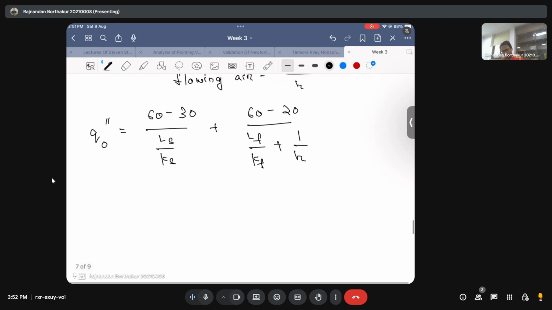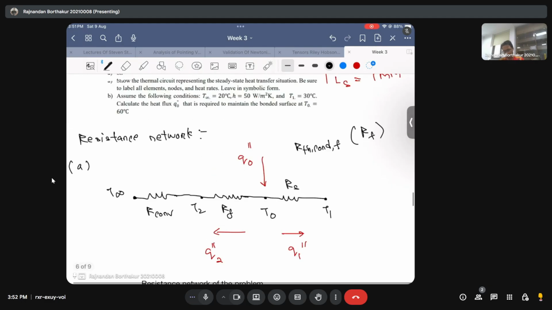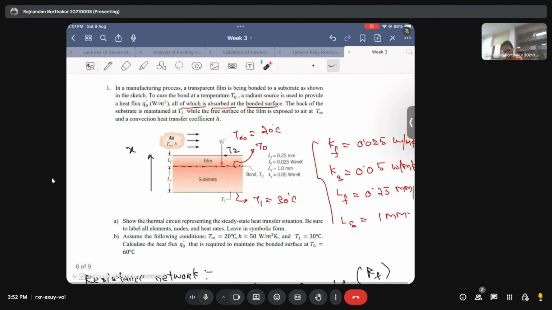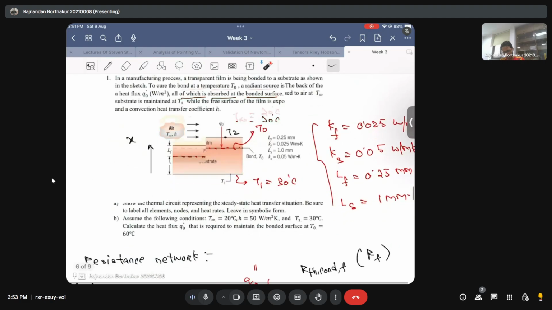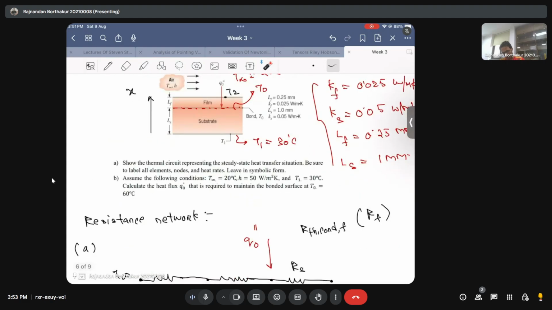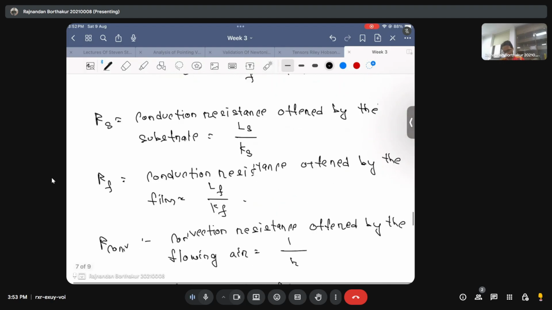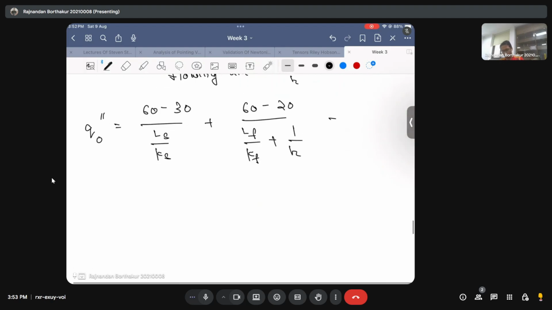You know that Ls is 1 mm, Lf is 0.25 mm, the individual thermal conductivities are known, and the heat transfer coefficient h is given to be 50 watt per meter square Kelvin. If you substitute all these values, you should get the answer.